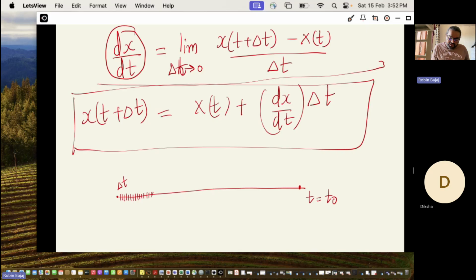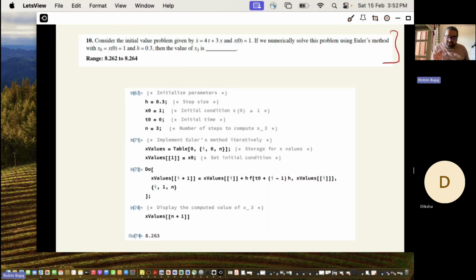I'll start from t0 and first update by delta t times the derivative at that point. Then I start from there, move to the next point, and keep doing like this until I reach the value at the final point. That's how you solve the differential equation using Euler method. So that's what we are going to do now in the computer.